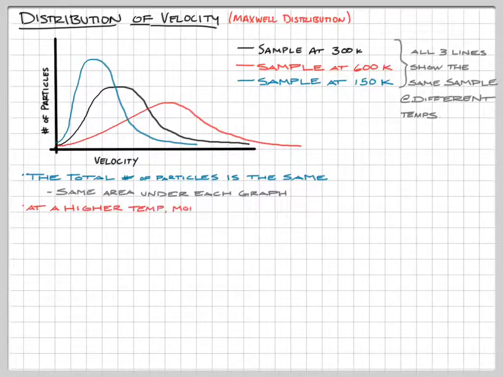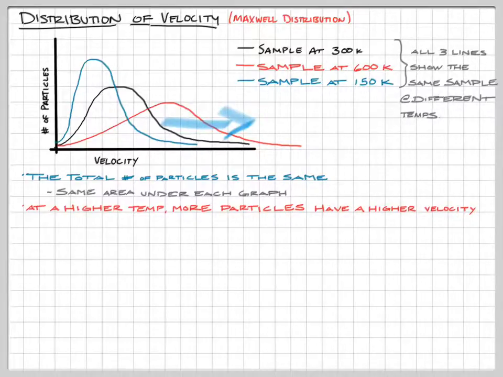When we have an object at a higher temperature, I've got more particles moving with a greater speed. More particles have a higher speed when we're at a higher temperature. That's why this red graph has moved out a little bit. It has a higher temperature.